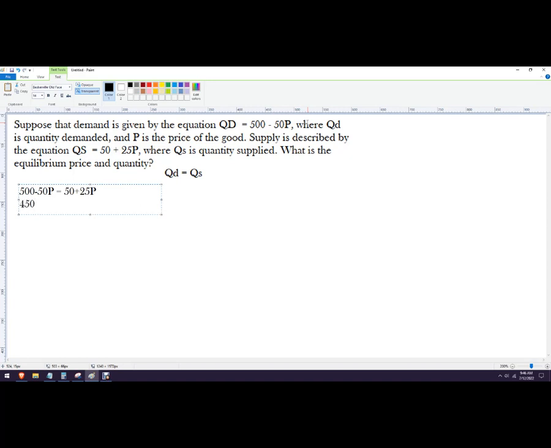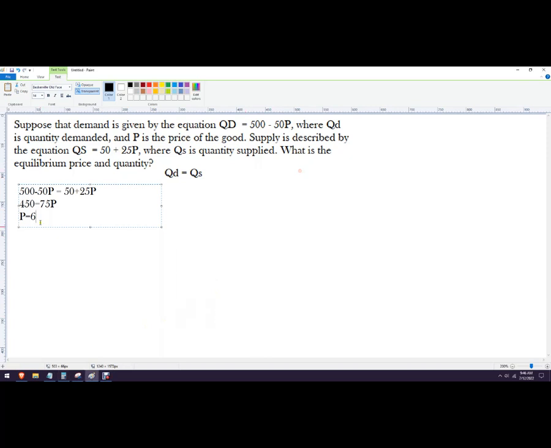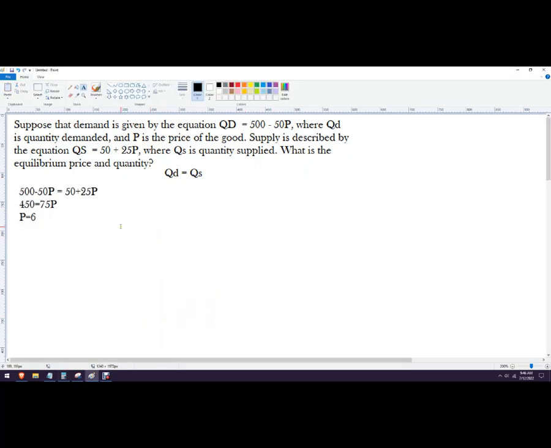So I get 450 equals 75p, and then p would just be 6, because 450 divided by 75 is just 6. So price is 6, and that's the equilibrium price.